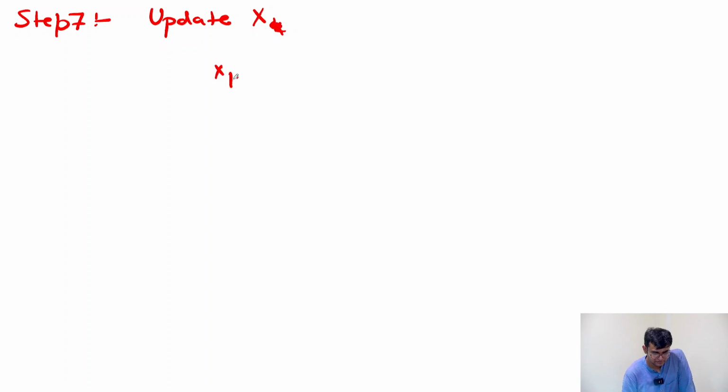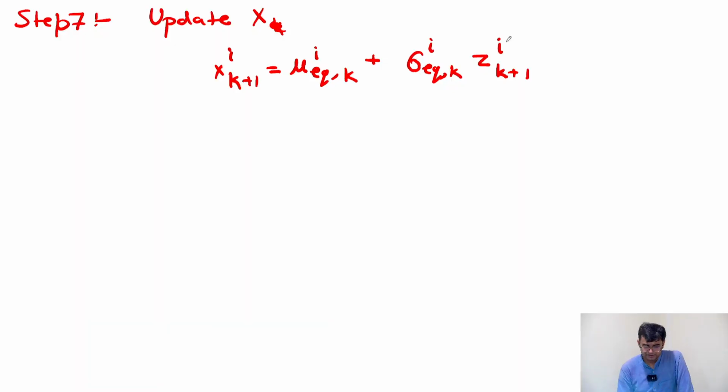So step 7, update x, so x k plus 1 is equal to mu equivalent k i plus sigma equivalent k i z k plus 1 i, right? And this you will do for all i. That means you will have to do it K times, capital K times.